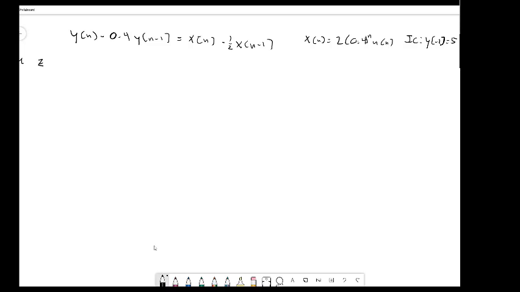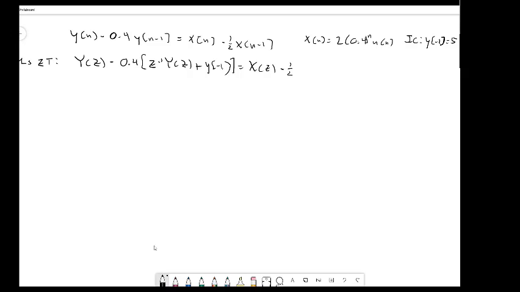So first we take the one-sided Z transform of our difference equation, y of z minus 0.4 times the quantity of z to the -1 times y of z plus y of -1 for that time shift equals x of z minus 1/2.